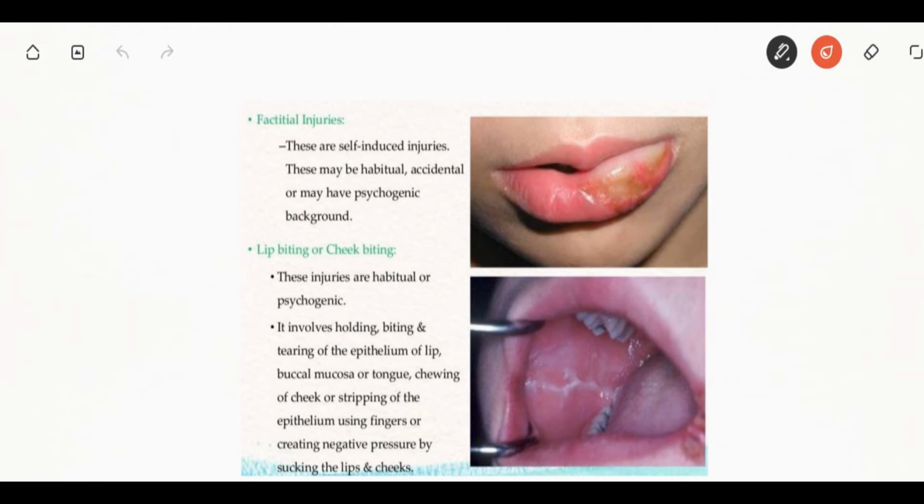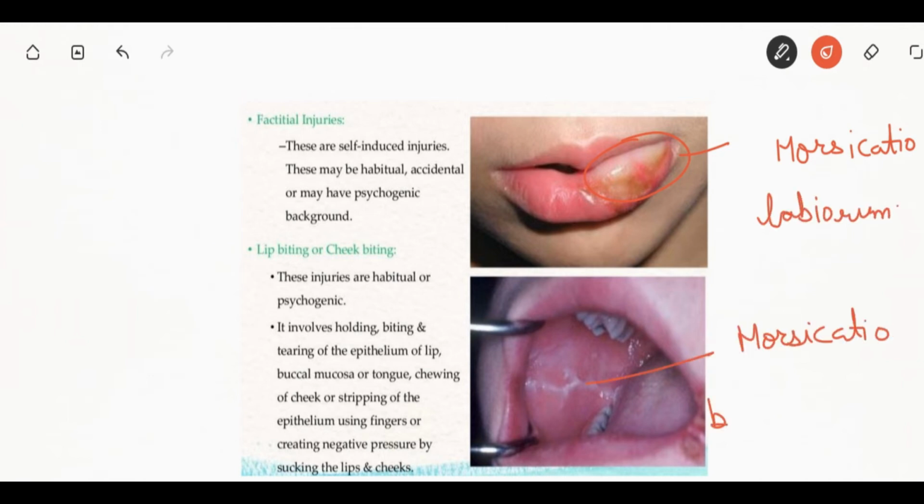They are self-induced injuries that can be due to a number of factors like cheek biting, lip biting, etc. The other names are morsicatio labiorum and morsicatio buccarum. These injuries are habitual or psychogenic.